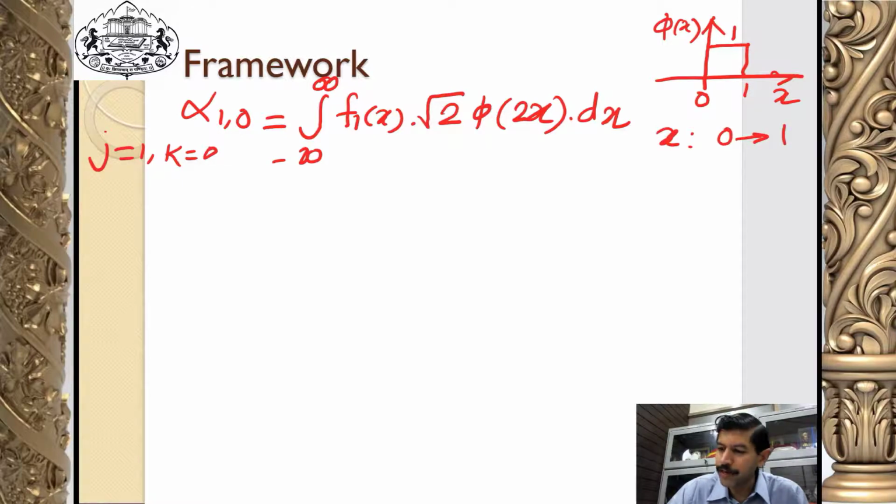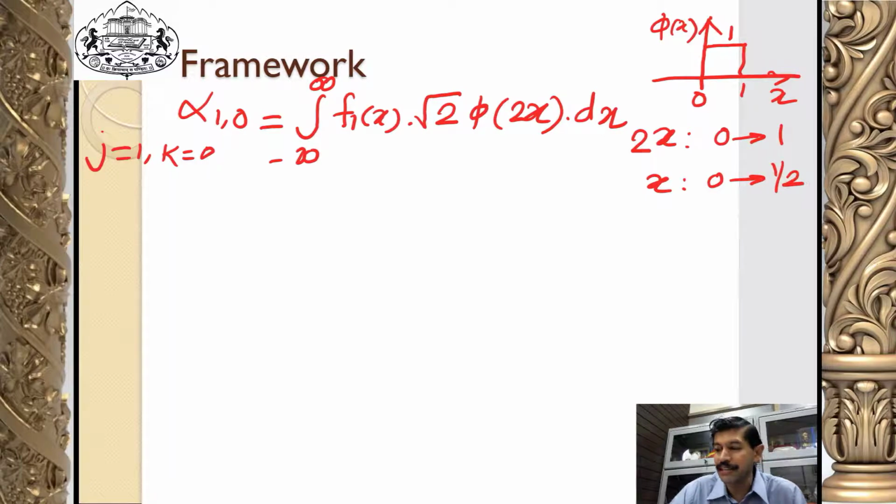Now what we are asking for is twice x. So naturally x would run from 0 to half, isn't it? And that's why this is a squeezed version. And although we are squeezing on the x-axis, we need not enlarge on the y-axis just to maintain the area under the curve, because this particular factor over here is the normalization factor. So it takes care of that normalization.